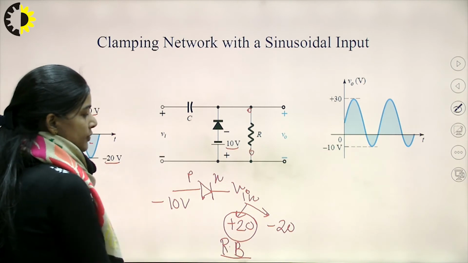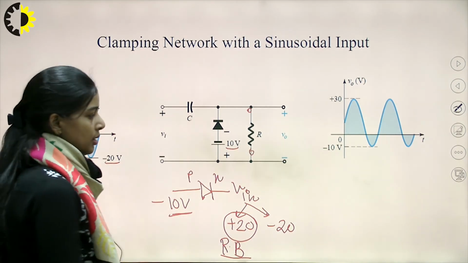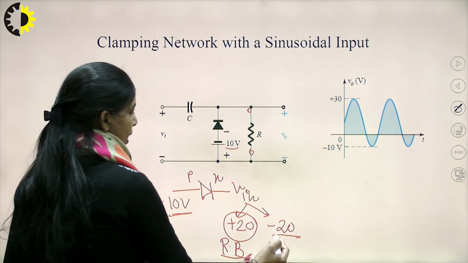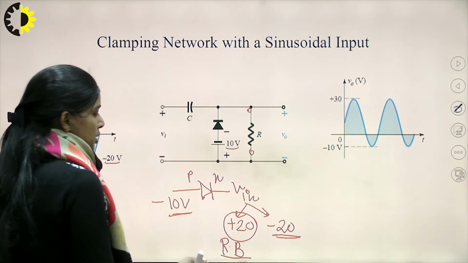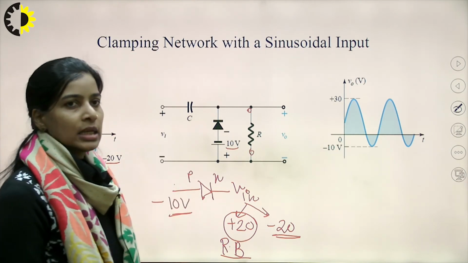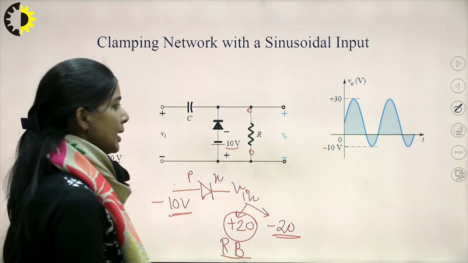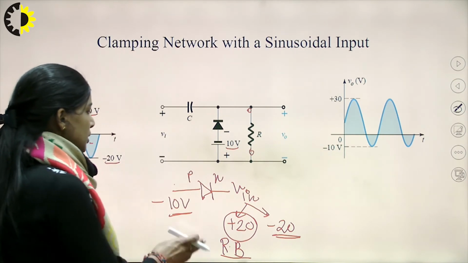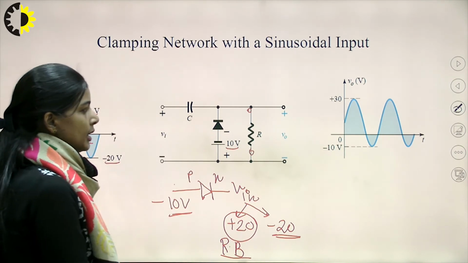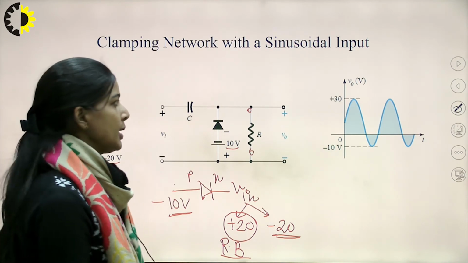For the negative cycle, here at this side we have minus 10, on this side we have minus 20. So, till the point when the P side is less negative than the N side, the diode will be forward biased, and when this P side becomes more negative, the diode becomes reverse biased.